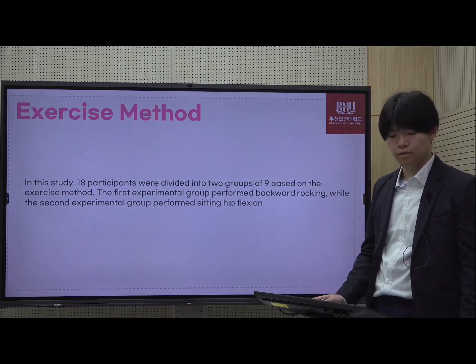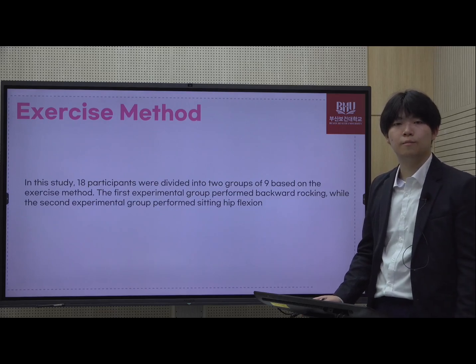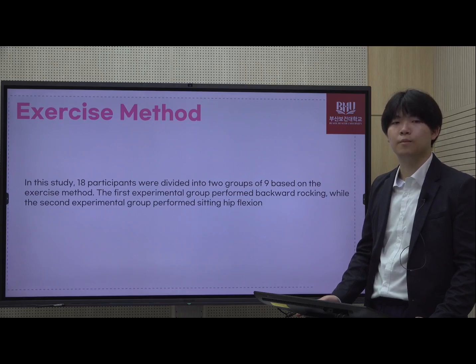Exercise method. In this study, 18 participants were divided into 2 groups of 9 based on the exercise method. The first experimental group performed backward rocking, while the second experimental group performed sitting hip flexion.